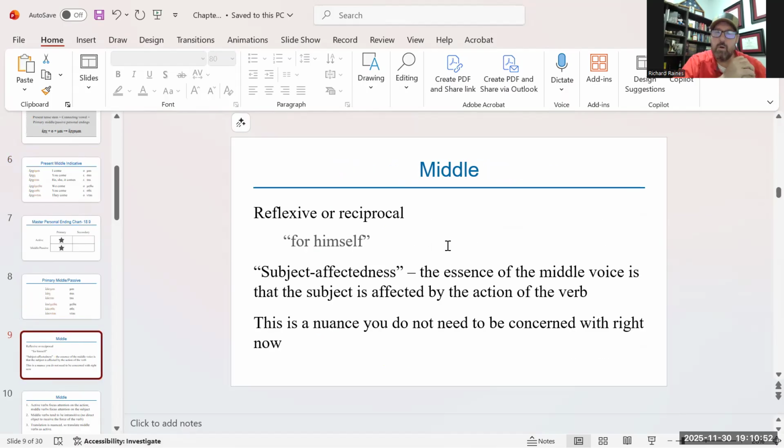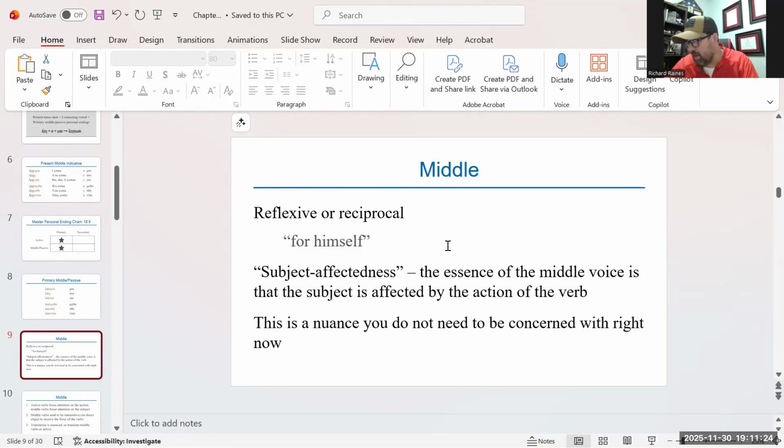So here's the nuance related to the middle voice. Sometimes, and you're not going to do this when you translate your sentences, but when you're translating the New Testament documents, when you get to words in the middle voice, typically it's a reflexive or reciprocal.